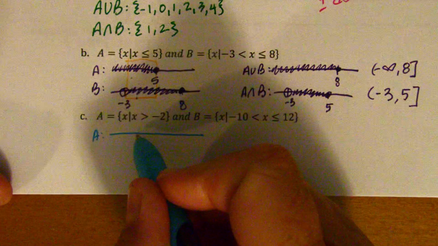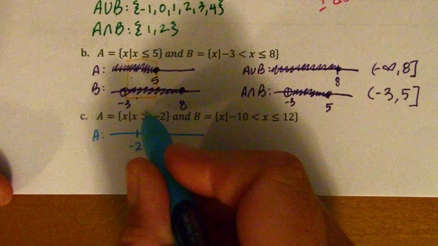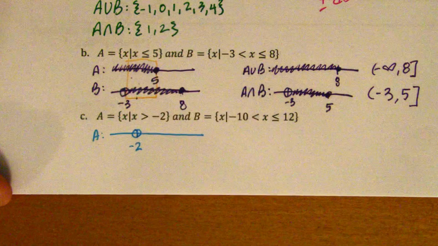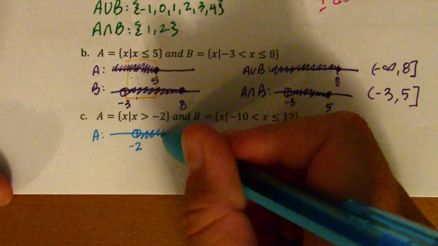Next one, x is greater than -2, so -2, open dot because it just has that greater than, not the greater than or equal to, and it's all the x values bigger than -2, so that would be bigger over here.